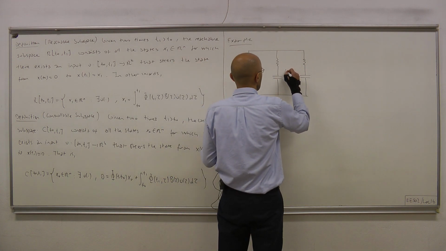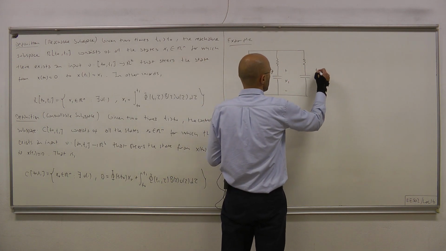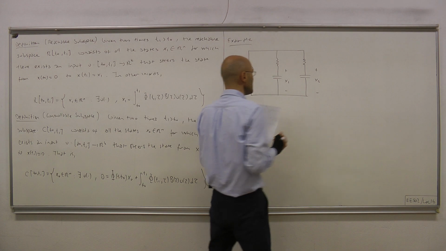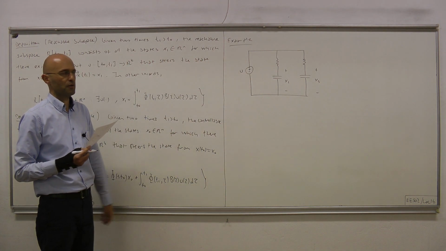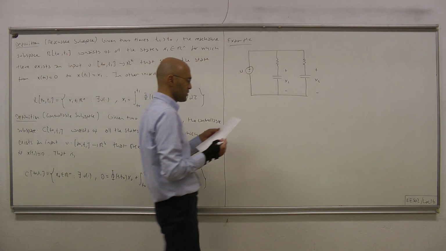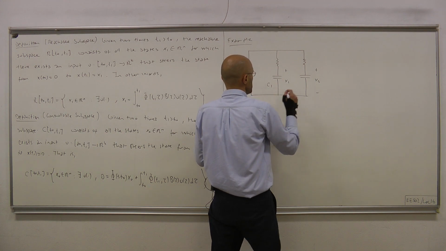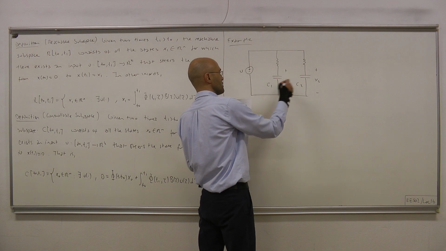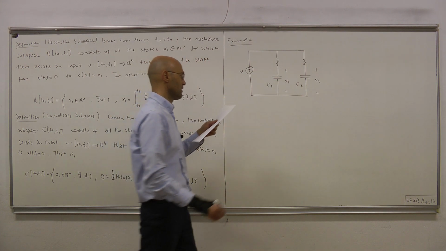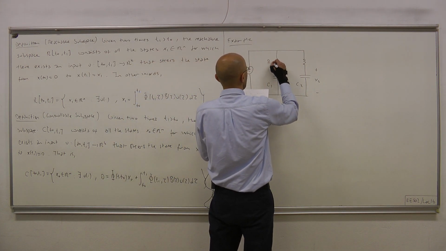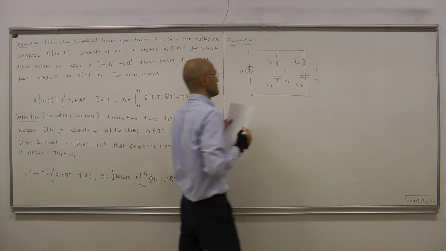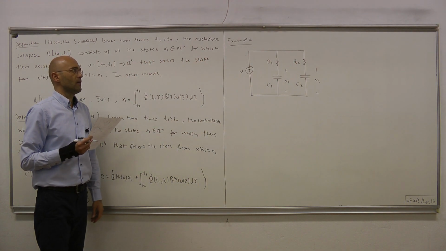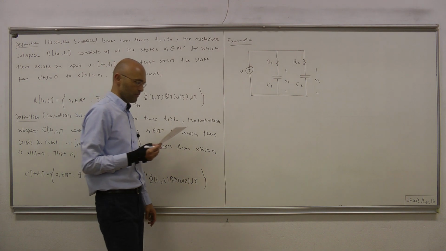The state variables of our system are the capacitor voltages X1 and X2. Let this be C1, let this be C2, the capacitance of the first capacitor and the capacitance of the second capacitor, and the resistances are denoted by R1 and R2.